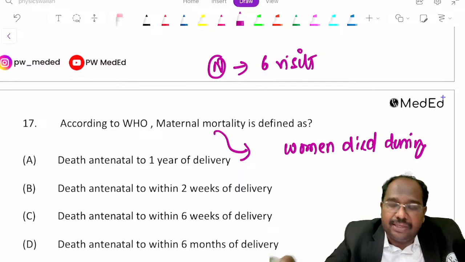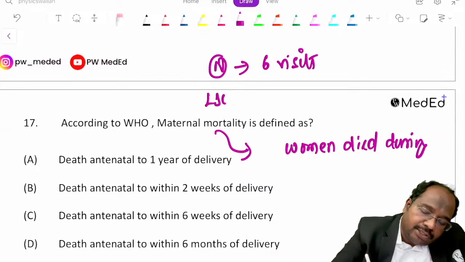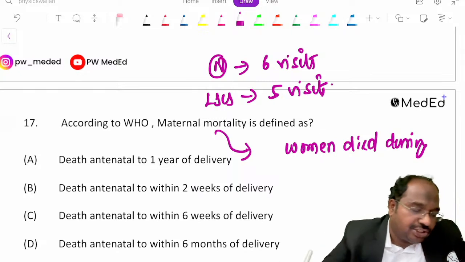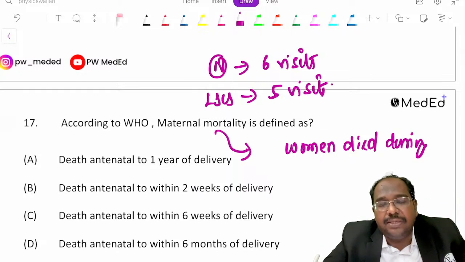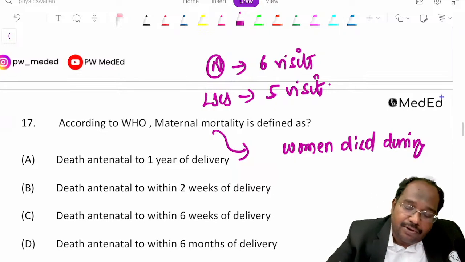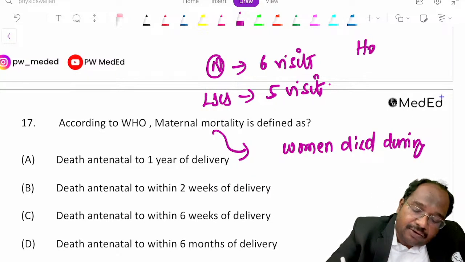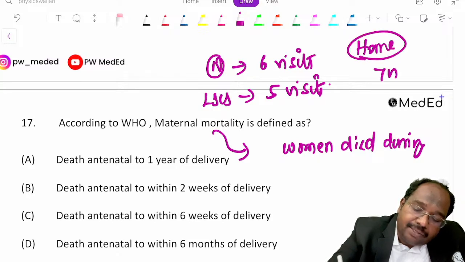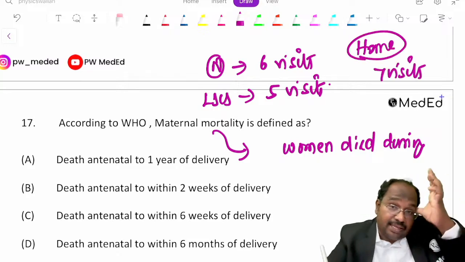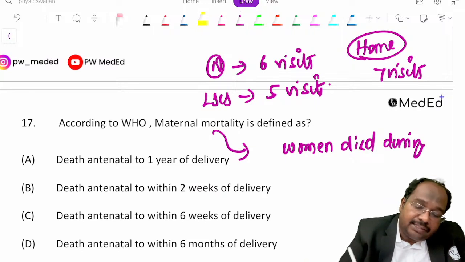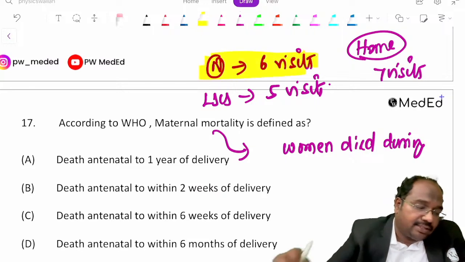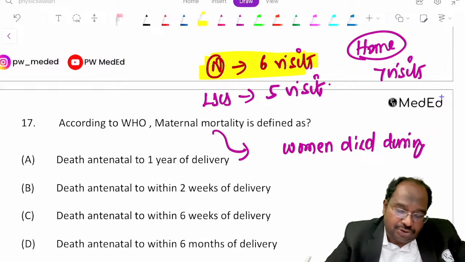Suppose LSCS, cesarean section, means 5 visits. If it's a home delivery, and the question very specifically says home delivery, then 7 visits. But if nothing is given, then the answer should be 6 visits, guys.